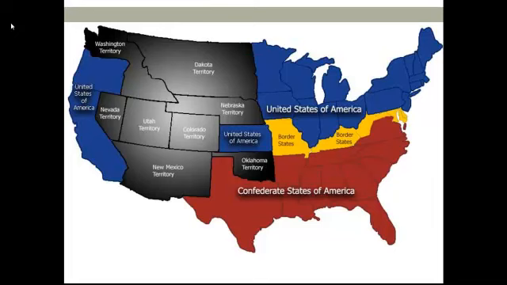Missouri, Kentucky, part of Virginia, and then basically Maryland did not join either side. They stayed loyal to the United States of America, but they were border states. They were slaveholding states, and so to them, any sort of attempt by the United States government to ban slavery would likely push them into the Confederacy. So the Confederate States of America were born. They created a new flag, had a new anthem, and declared themselves free and independent of the United States.